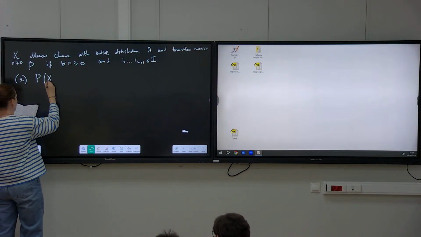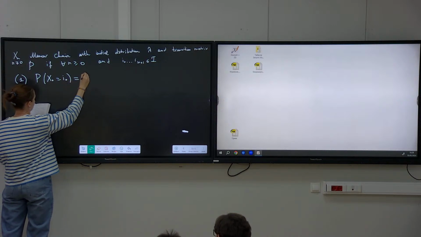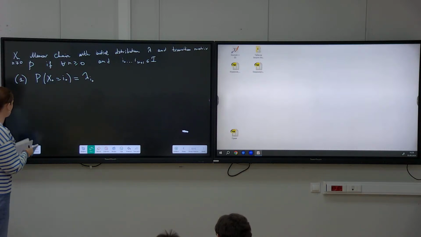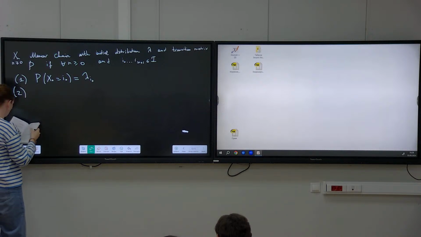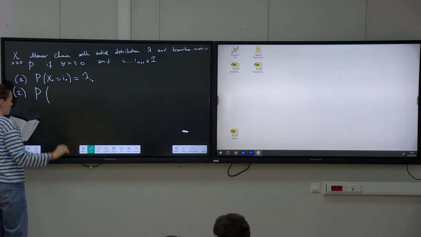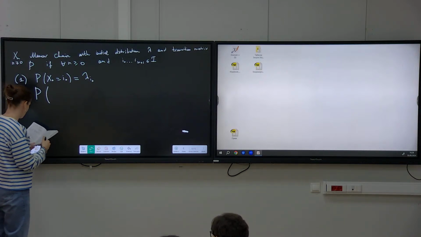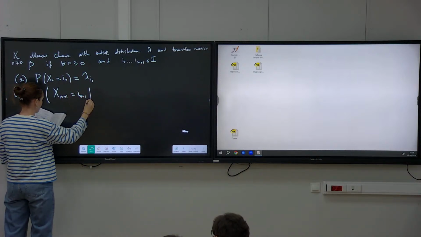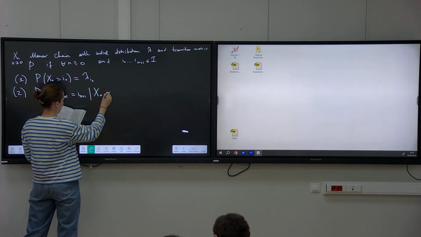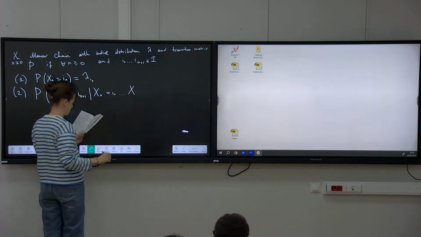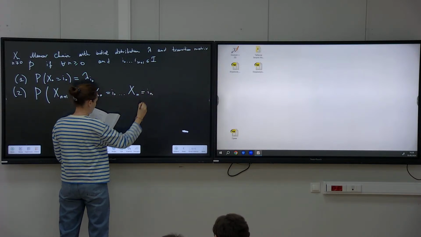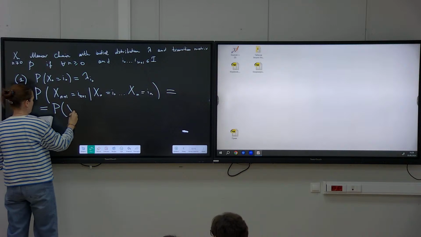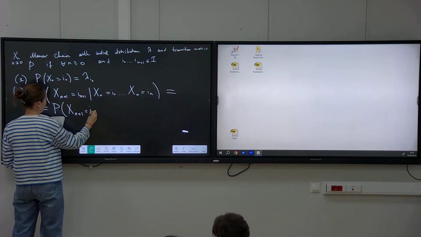We knew that initially we have lambda_{i_0}, because that's what we can expect if we want it to be the initial distribution. And the second thing is that we need to put some condition that looks like a conditional probability: the probability that X_{n+1} equals i_{n+1}, with the condition that all the previous X's coincide with the elements from our I. So we said that this conditional probability is exactly the same as the conditional probability with a much shorter condition.